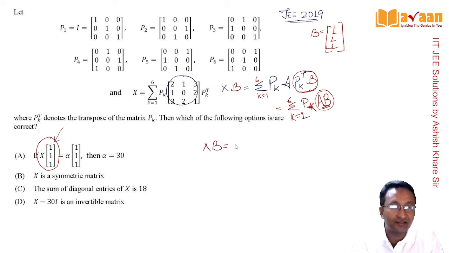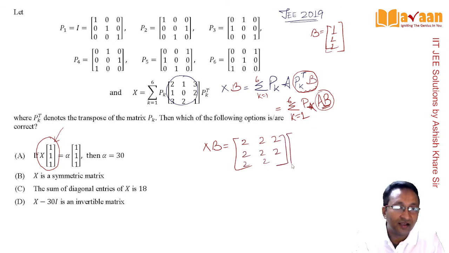So what I get, X into B, is the summation of these 6 matrices, which basically is, I guess, yeah, 2, 2, 2, because in all of these 6, at every place 1 has come twice and all other elements are 0. So this becomes this matrix into your 6, 3, 6.